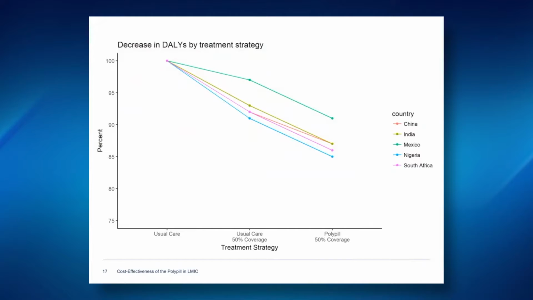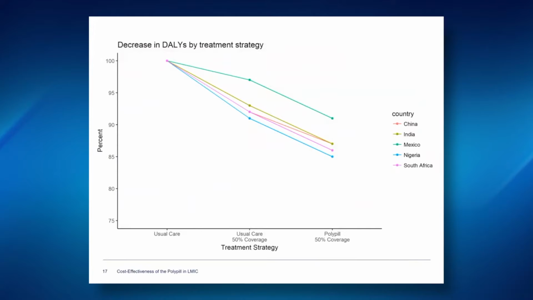But what we did want to show you was what we would expect, recognizing that it would be very expensive to increase programmatic costs, if we were to achieve the WHO goals. And actually, we probably wouldn't expect as much as we would like. The y-axis here is not going from 0 to 100, it's going from 75% to 100%.